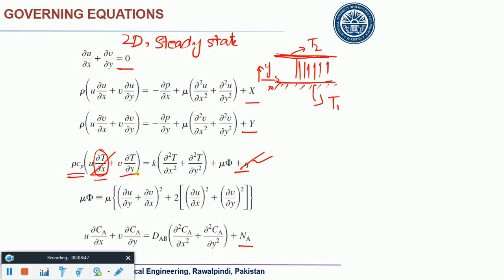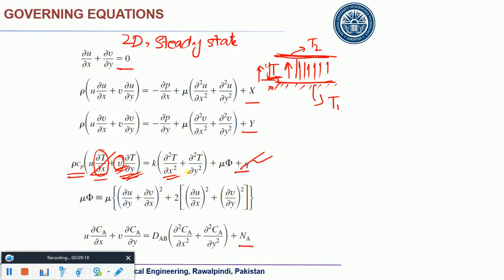And then let's talk about this term, V partial T by partial Y. Now obviously partial T by partial Y would be dominant, because there would be a variation along Y in temperature, but there is no variation in V, right? So this term would be disregarded by virtue of V, the very small vertical velocity.